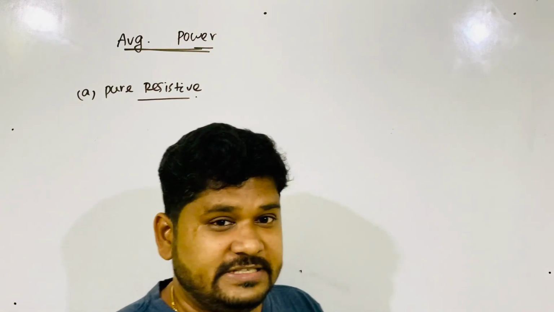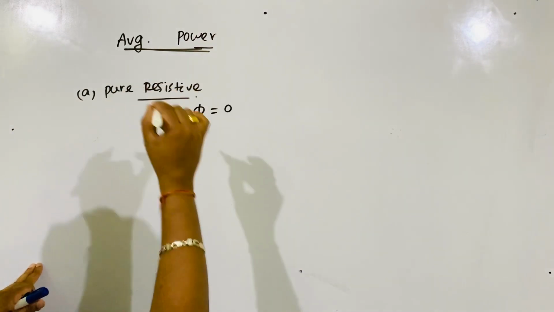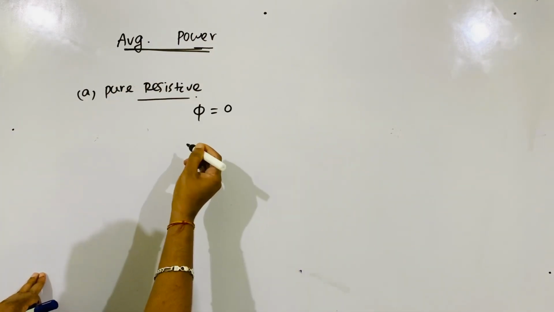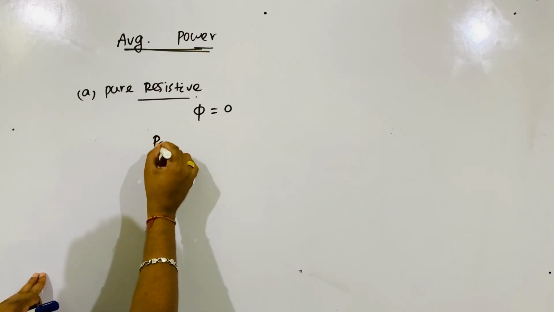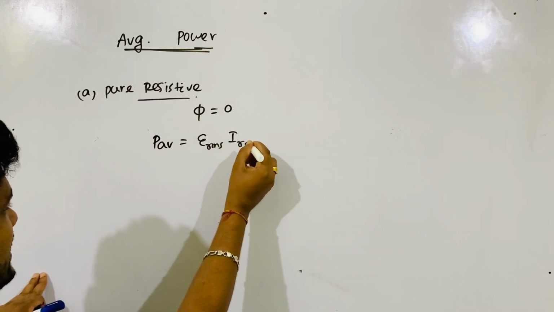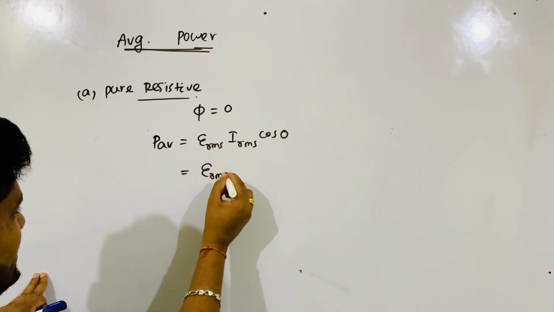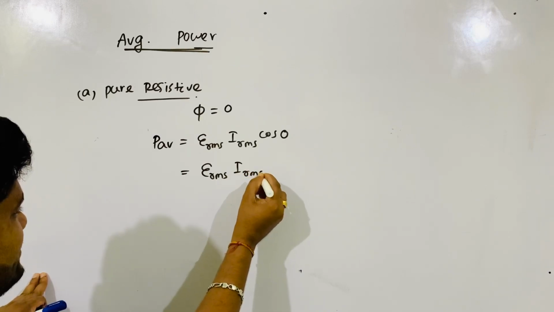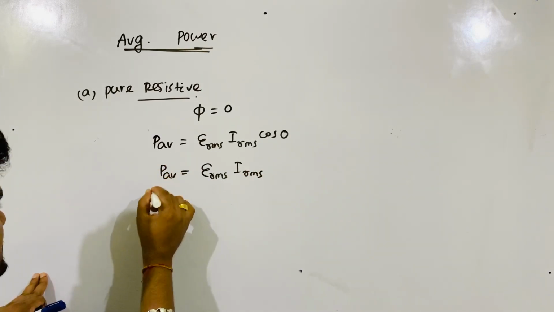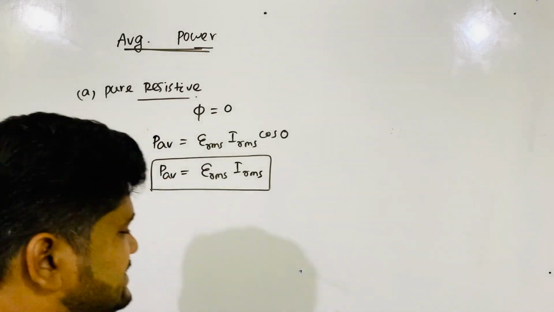What is the value of phase difference? Have you remembered? It is 0. If the phase difference is 0, then what is the average power? E RMS, I RMS cos 0. So simply E RMS and I RMS. This is the average power expression in a pure resistive circuit.